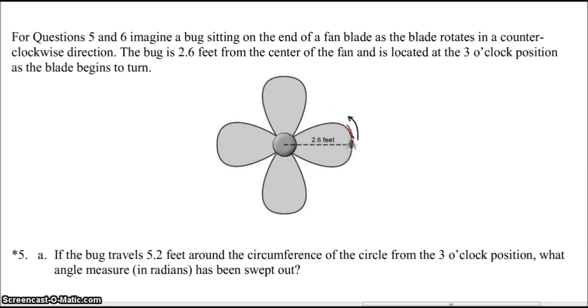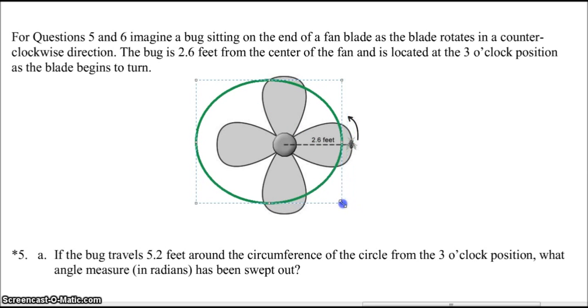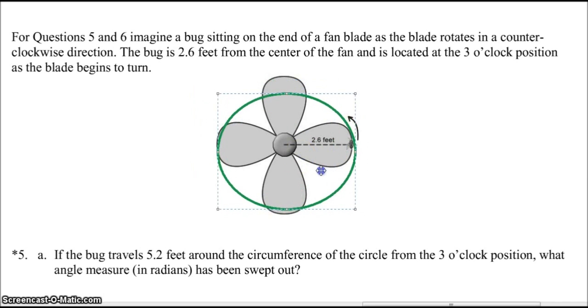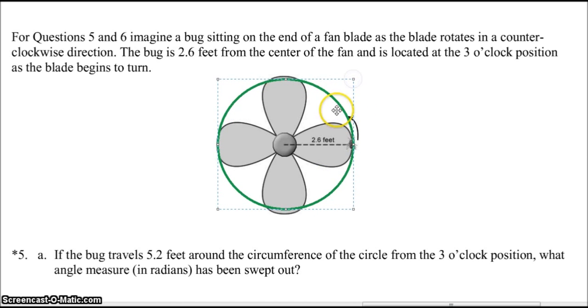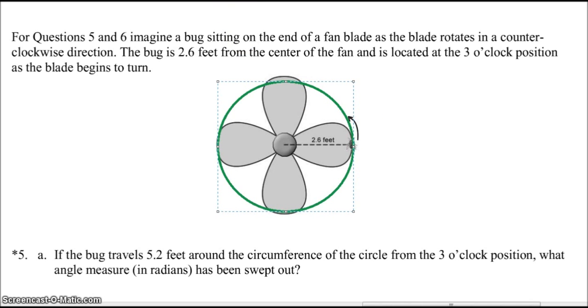So let's imagine that this bug moves in circular motion around the fan, kind of like this. Nope, not like that. This circle will trace the trajectory of the bug's motion. And we only want 5.2 feet of the circle to be swept out.